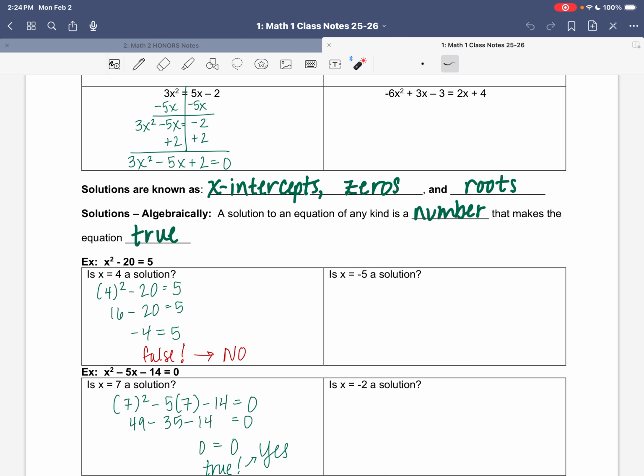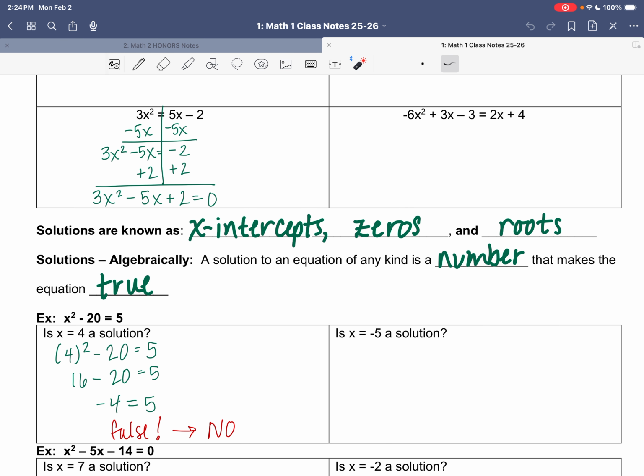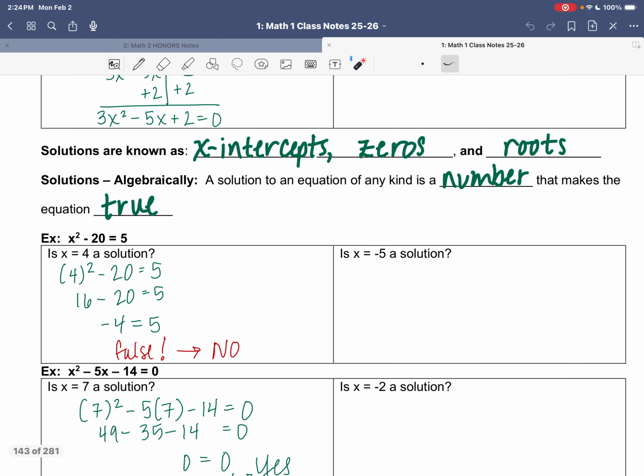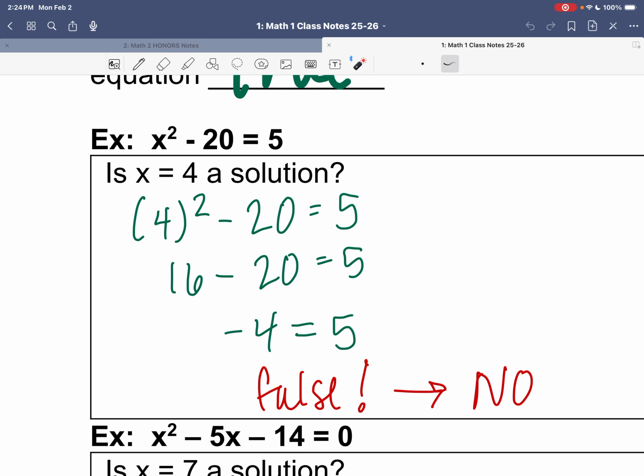All right, some vocab for you. Solutions are also known as x-intercepts, zeros, and roots. Now, for solutions algebraically, the solution is any kind of number that makes an equation true. So what we do is first we need to figure out, is x equals 4 a solution?